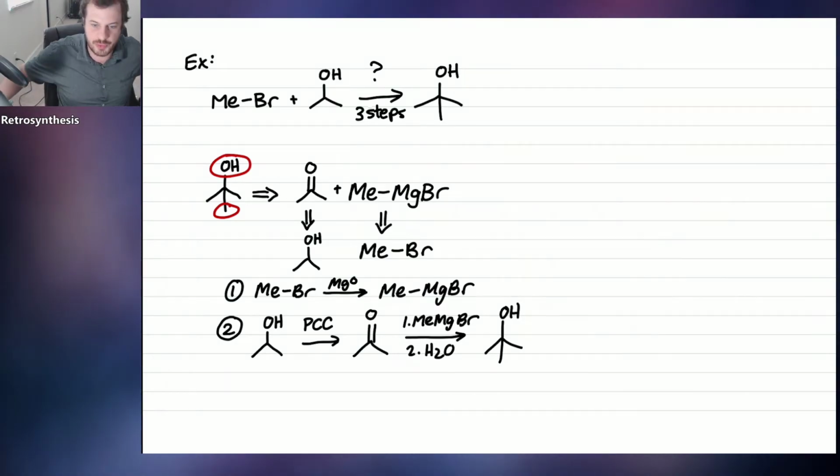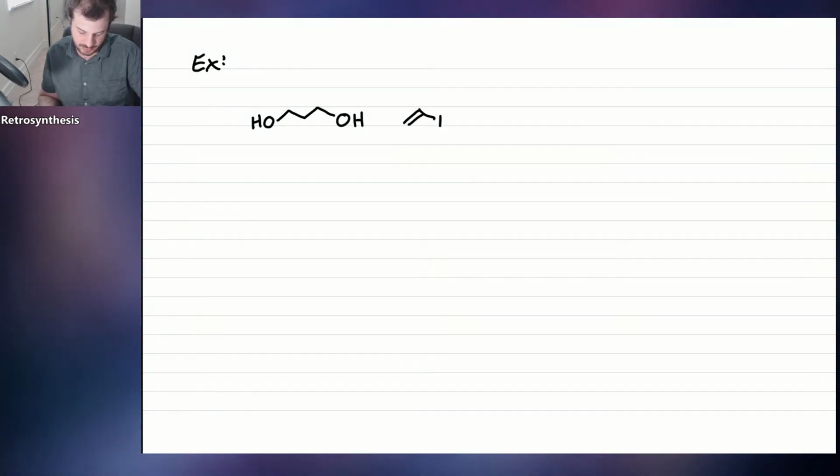All right, I'm going to give you another really hard one, and you can pause the video and try it yourself. But why don't we give this a shot, and then we'll do more practice in class. Okay, here's a really hard example. Okay, you are allowed to use this piece, and this piece.